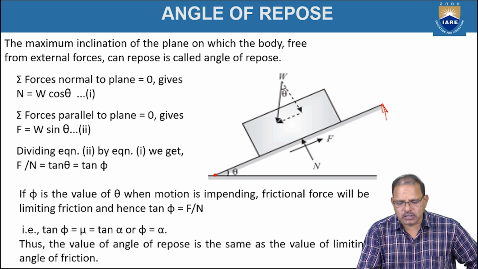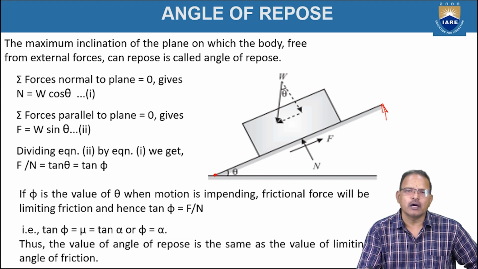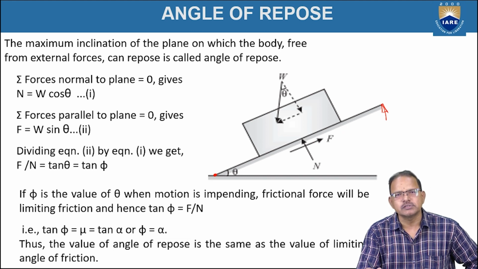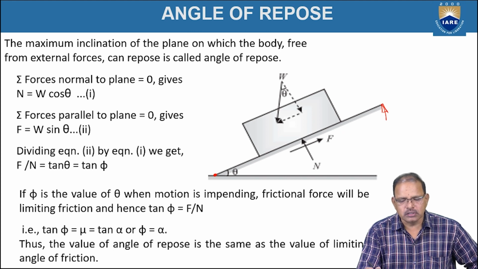The angle at which the body tends to slide downward without application of any external force on it is called the angle of repose. The angle of repose can be defined as the maximum inclination of the plane on which the body, free from external forces, can repose. Repose means sliding downward. It's called the angle of repose.